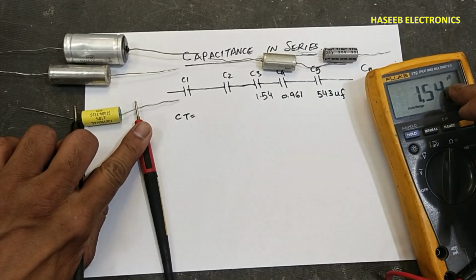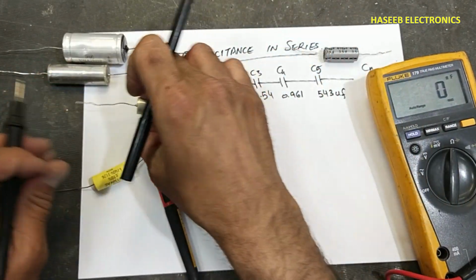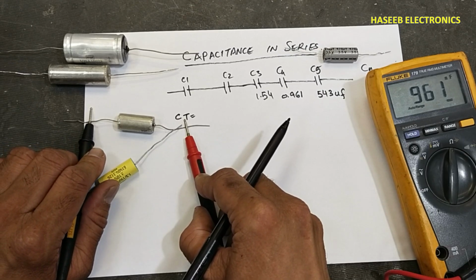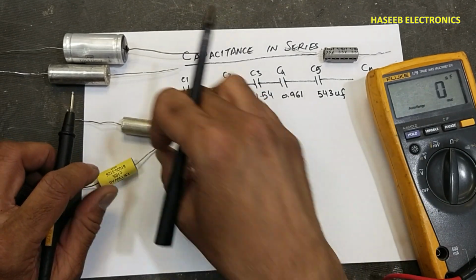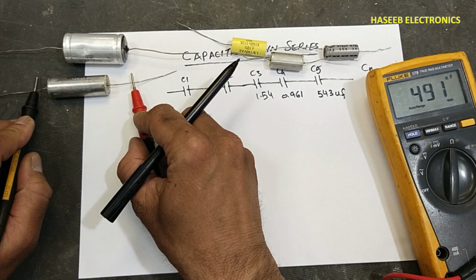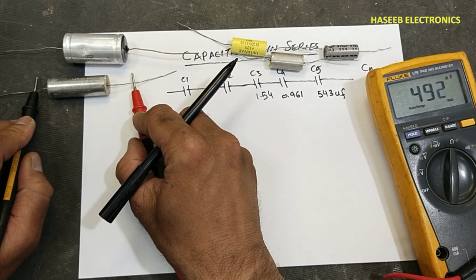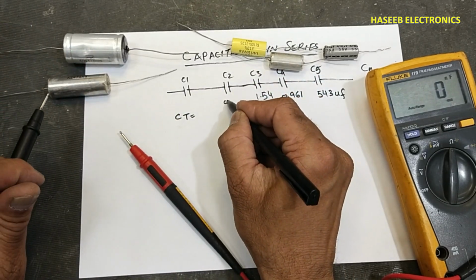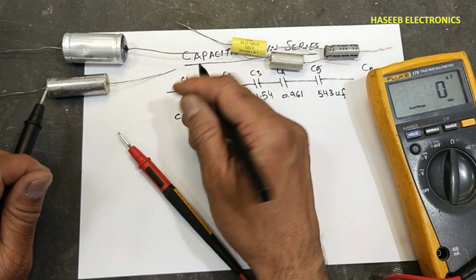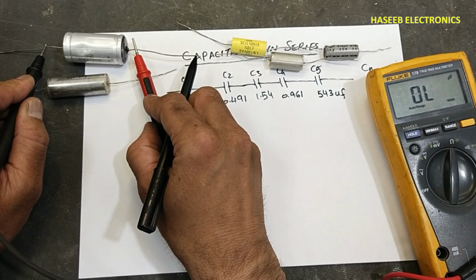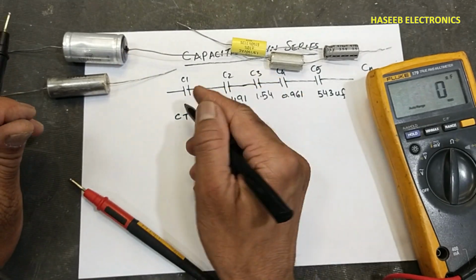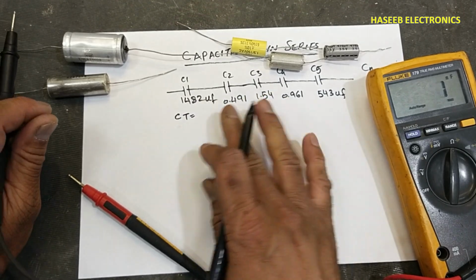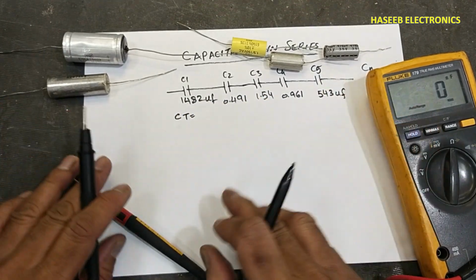The unit here is microfarad, here the unit was nanofarad, so I converted it into 0.961. It is 492 nanofarad, 491 nanofarad, 0.491. And the first one, 1482 microfarad. All capacitors are in microfarad.